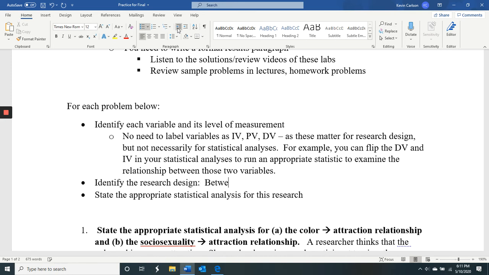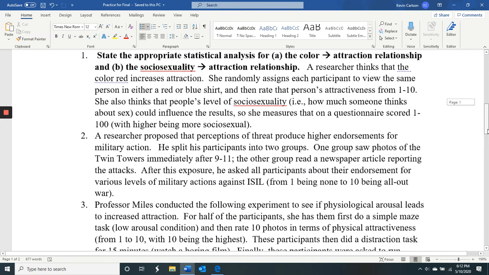And that's whether it's between subjects or within. So remember, between subjects is each participant gets just one level of the IV. So if it's an IV we're talking about, do they get just one level of the IV? Well, if they get just one level of the IV, it's between subjects. If they get all levels of the IV, it's within subjects. That is going to determine also, with the level of measurement, what stats we're supposed to do.